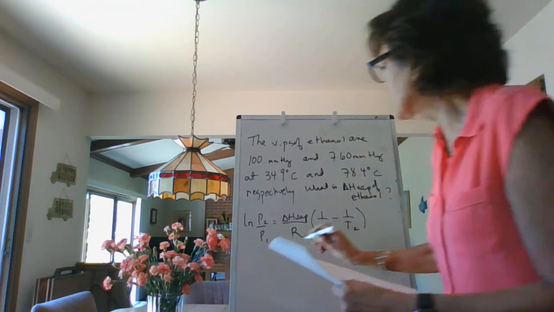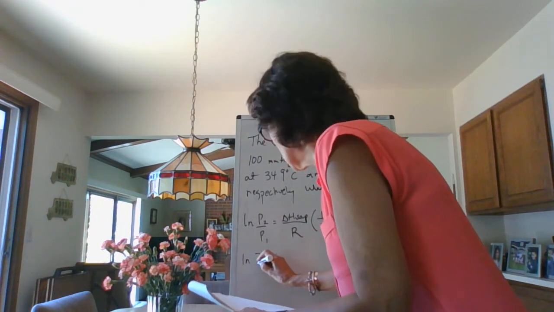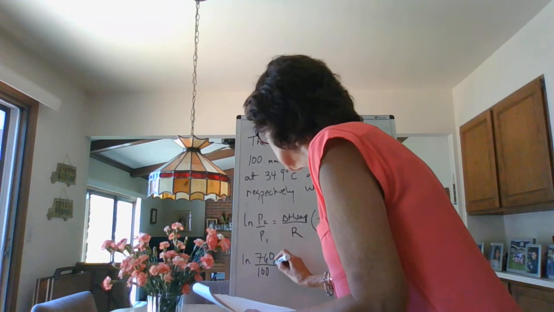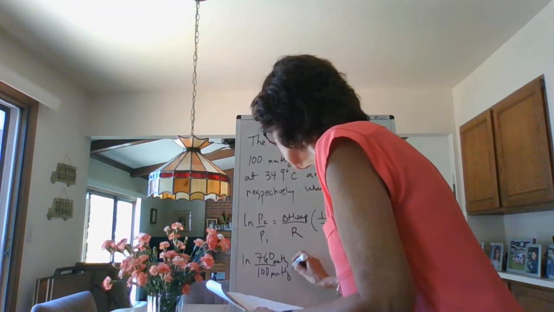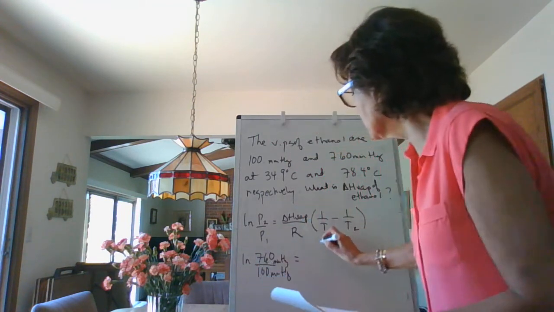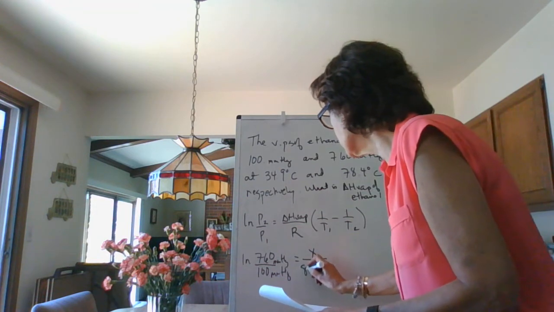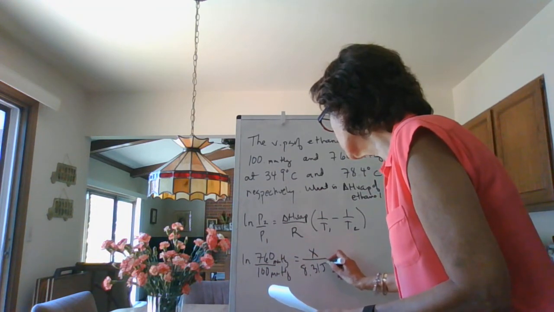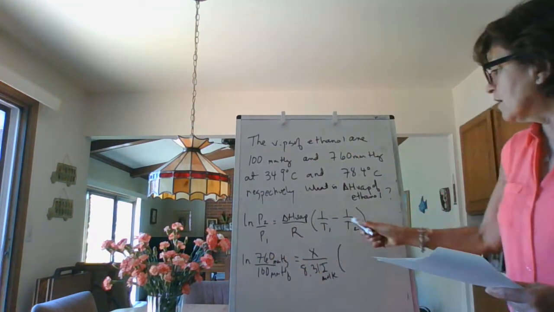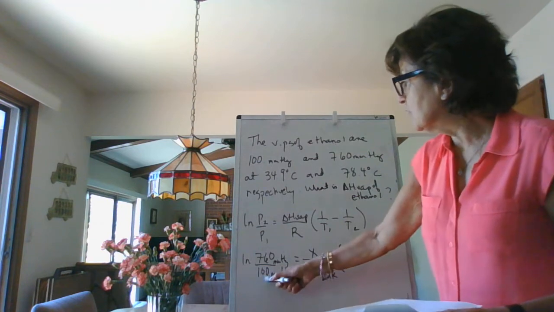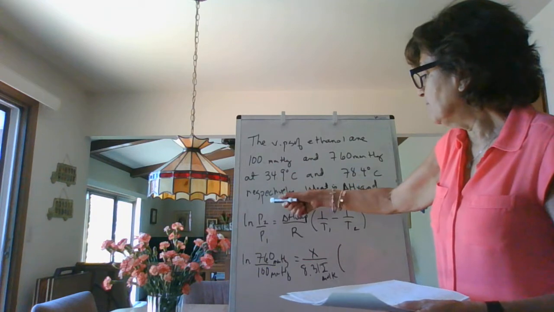So we're going to put ln 760 over 100 millimeters of mercury is equal to X, which is our delta H of vaporization. That's what we don't know. R is given to you, 8.31 joules per mole Kelvin. Now, T1 is related to P1. So this was P1, this is T1.